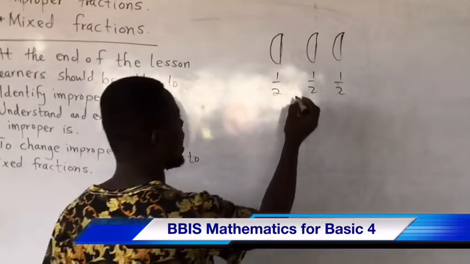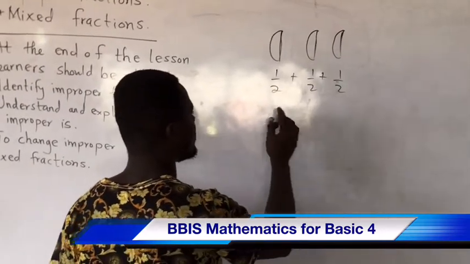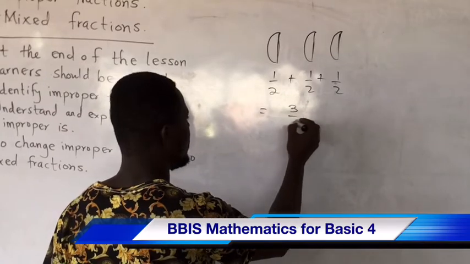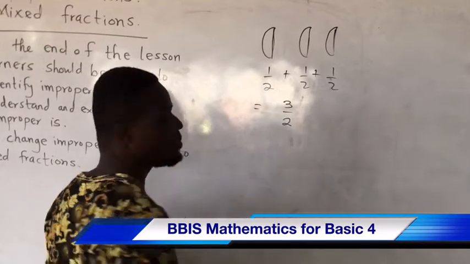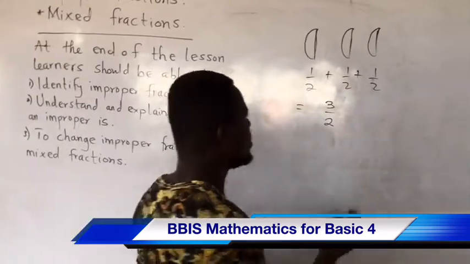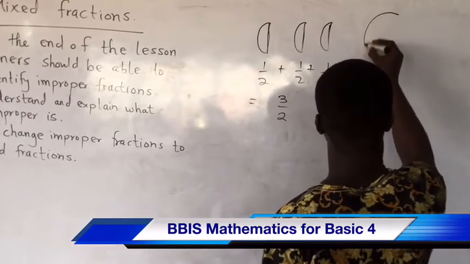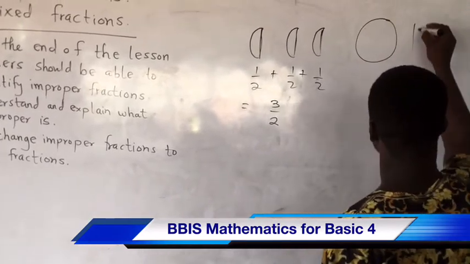If we add all these three halves, we are going to get 3 divided by 2, which means that we are going to get a whole pizza and a half.